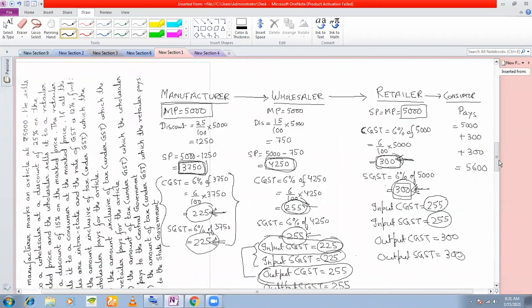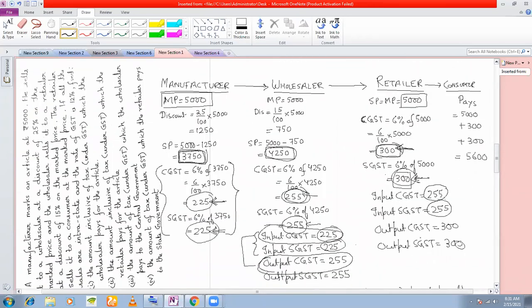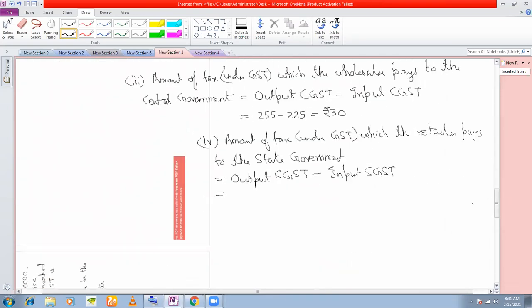For the retailer, his output SGST is 300 rupees. And what is his input SGST? 255 rupees. So this is 300 minus 255. He is paying rupees 45.